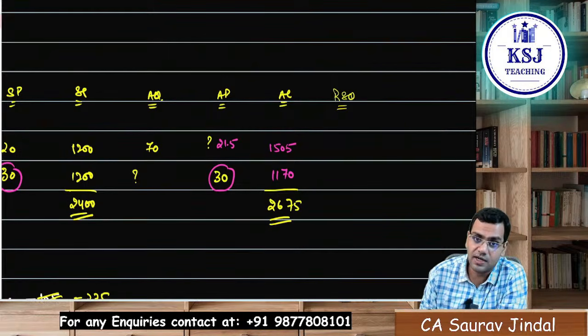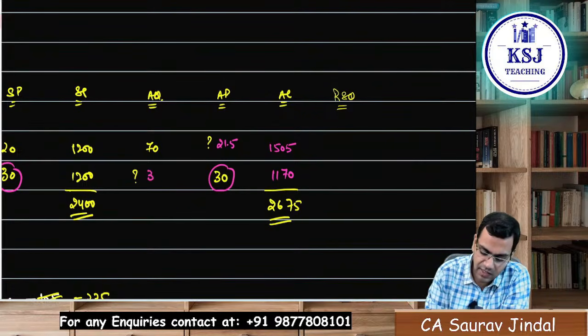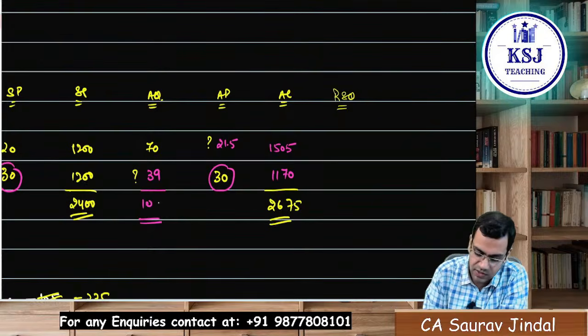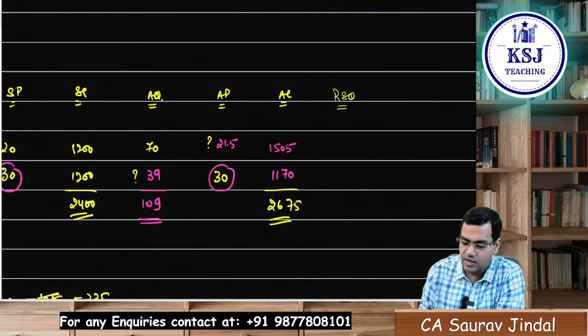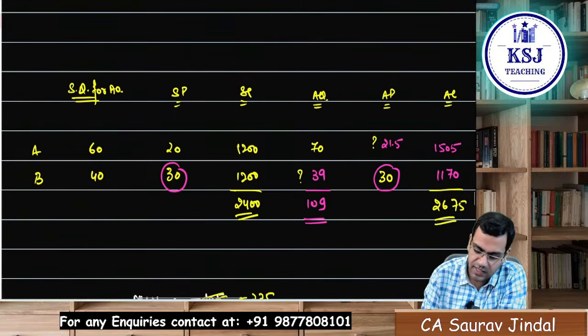Now cost divided by price, divided by 30, we will get the quantity as 39. Right? So 39 plus 70, that is 109. And revised standard quantity you can calculate, sir. You can distribute 109 in the ratio of 6:4. Here it is 100.